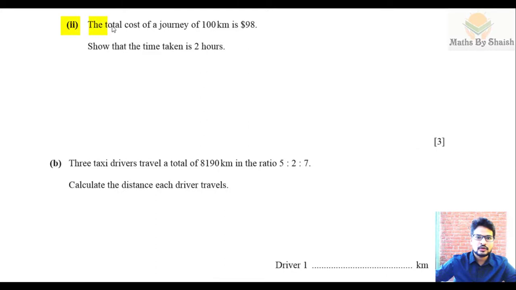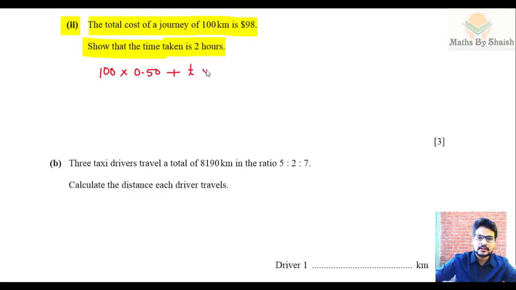Second part, the total cost of a journey of 100 kilometers is $98. Show that the time taken is 2 hours. So the journey is of 100 kilometers. For 100 kilometers the rate was 0.5, so the cost would be 100 into 0.5, and let's say it took t minutes.